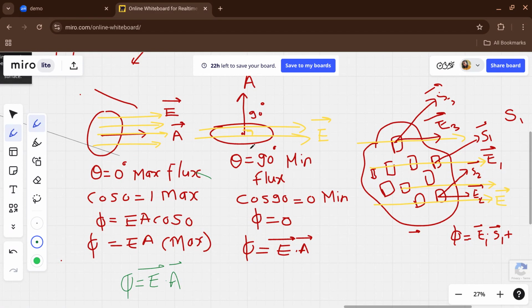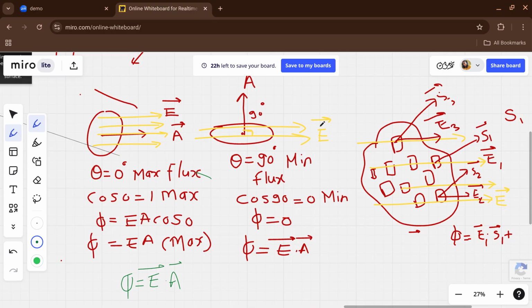Now if I say the area is kept like this, the area vector will be perpendicular to A in the upward or downward direction. Let's say I am taking the area vector in the upward direction, and the lines of force are going in this horizontal direction. We can clearly see that no lines of force are going perpendicular to the plane of the surface.